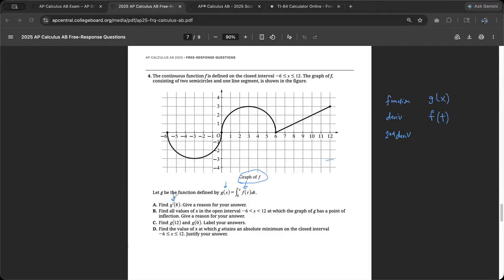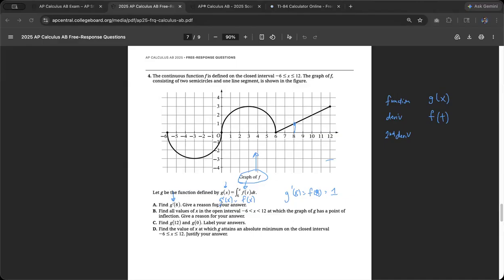So finding g prime of 8, you can understand here a g prime of the function is now actually f of x here. And they're looking for g prime of 8, which is f of 8. So we're just going to go look at the graph of f. At number 8, we have equals 1. That's all you got to do.